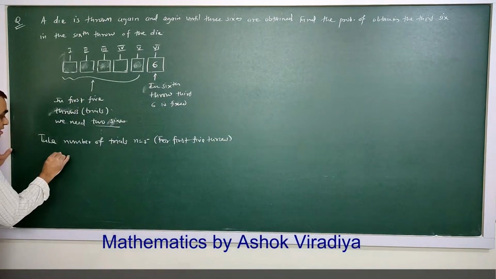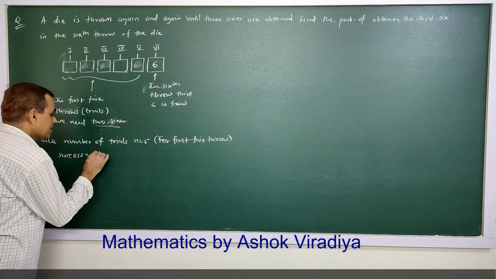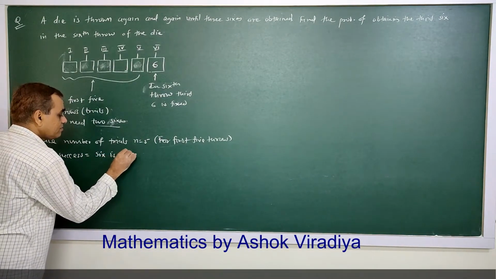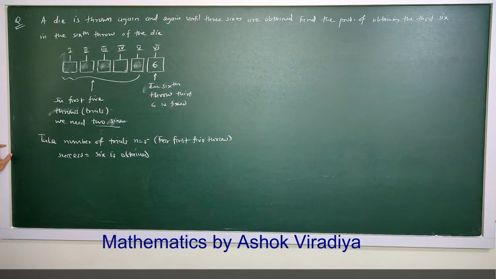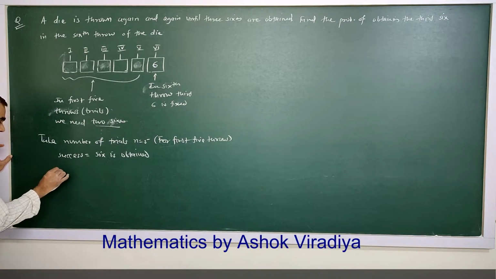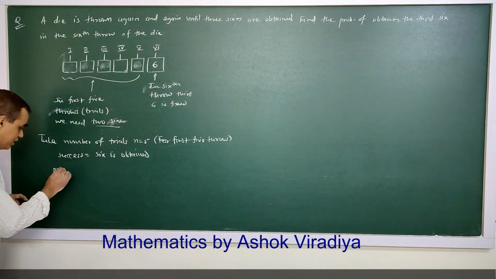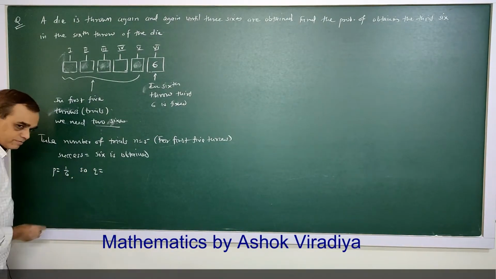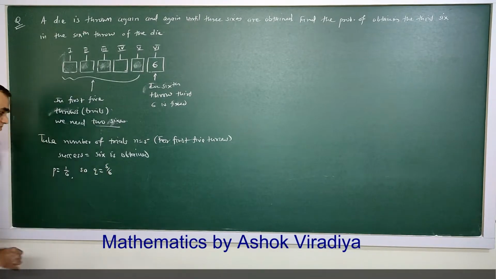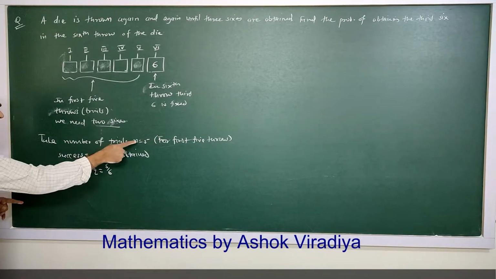We define success. Success we define as 6 is obtained. That is success. So probability of success, when we toss a die, probability of getting 6, that is 1 by 6. So probability of not getting 6 is 5 by 6. So p, q, number of trials 5.